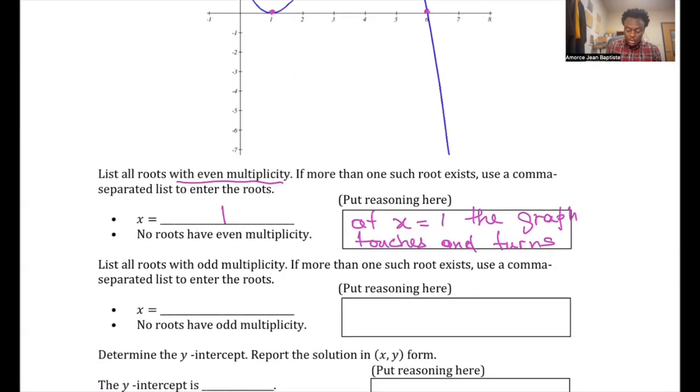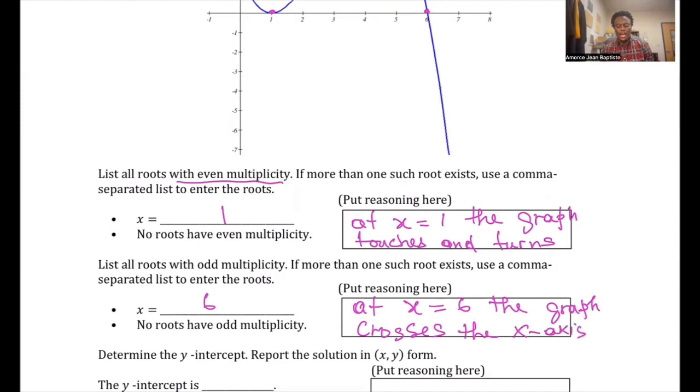Whereas at x equals 6, the multiplicity is odd, because at x equals 6, the graph crosses the x-axis. So that's why we say that at x equals 6, we have a multiplicity that is odd.